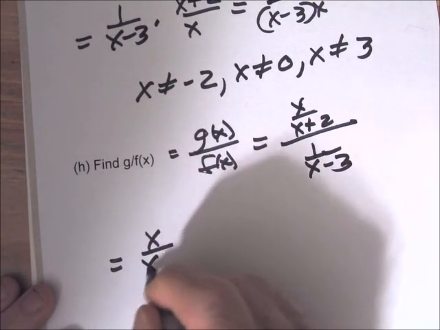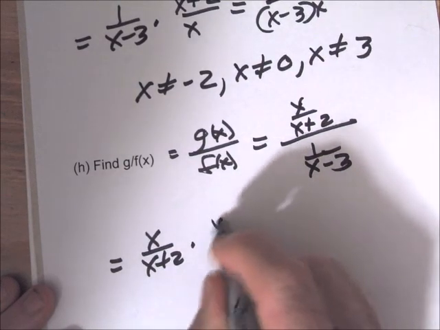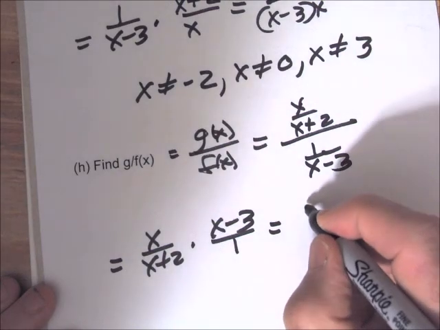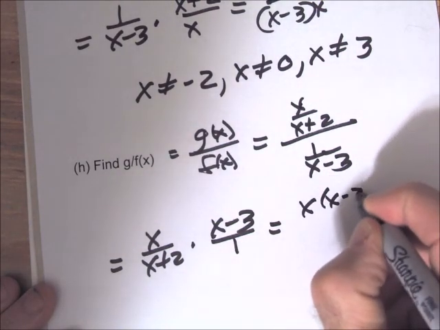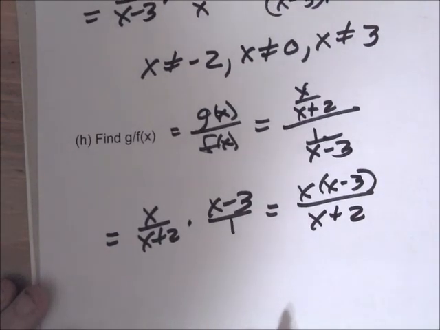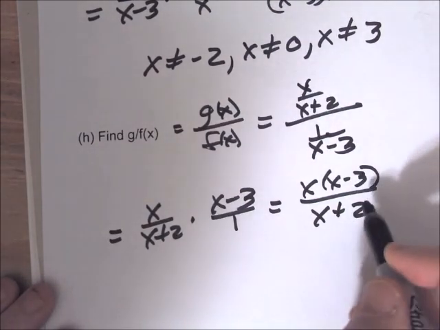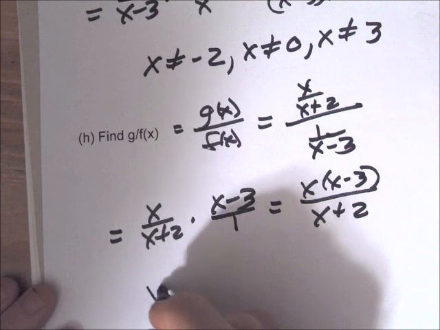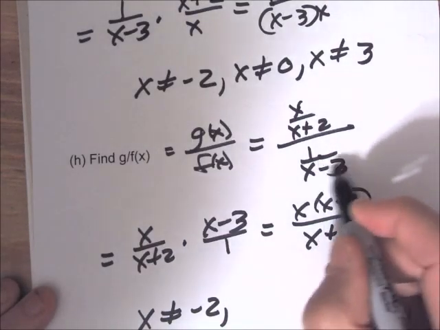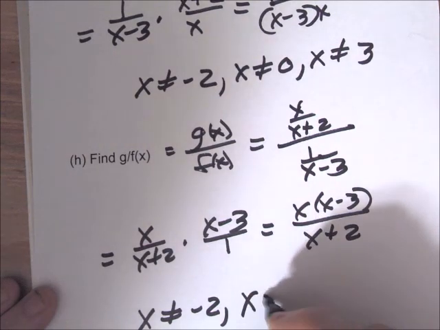So this is x over x plus 2 times x minus 3 over 1. Multiply straight across, x times x minus 3 over x plus 2. x cannot be negative 2. And you can't get past this step here if x is 3. So x is not equal to 3.